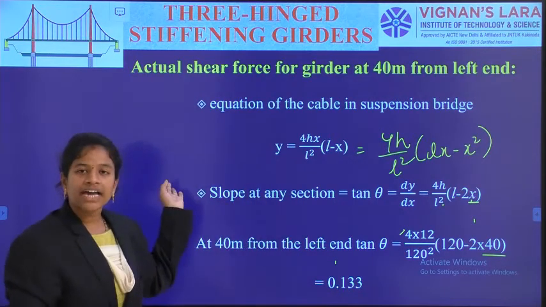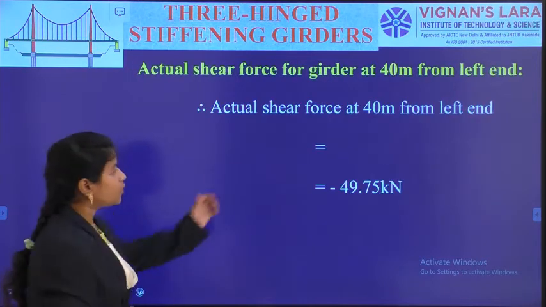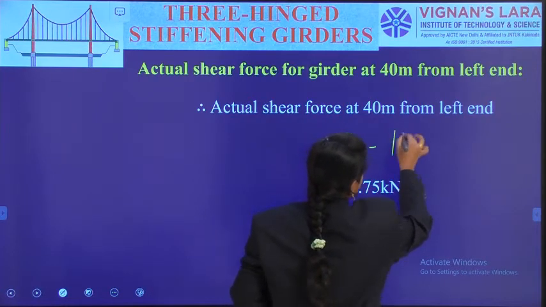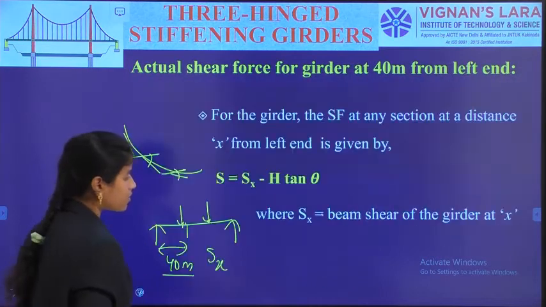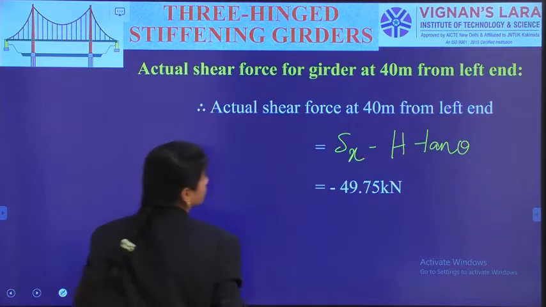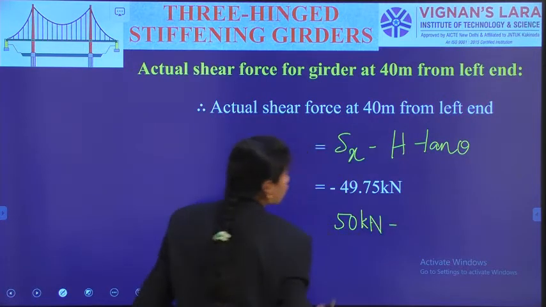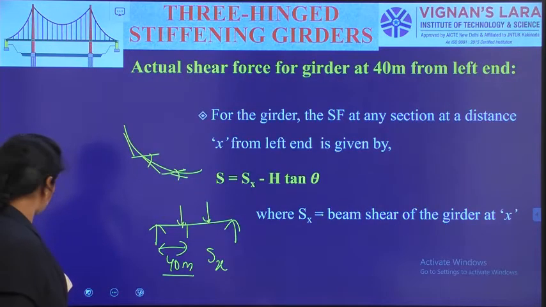Now we have calculated Sx answer, we have calculated tan theta answer, and we can go for the substitution. So Sx minus H times tan theta. So Sx, how much we have got? Plus 50 kilonewtons. And the horizontal component, how much we have got in the previous step? Even in the tension also we have used it, right?